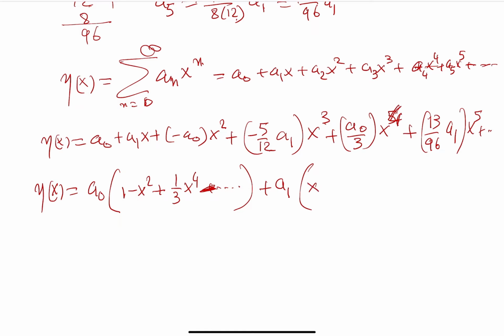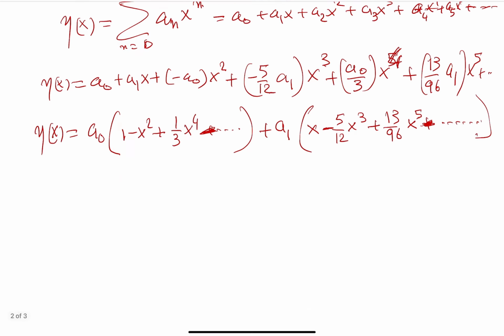And then the next one you have negative 5 divided by 12 a1, factorized, so you have x to the third. And then here you have plus 13 divided by 96 a1, x to the 5th, and so on, and so on. So now you have this one. This is your general solution.